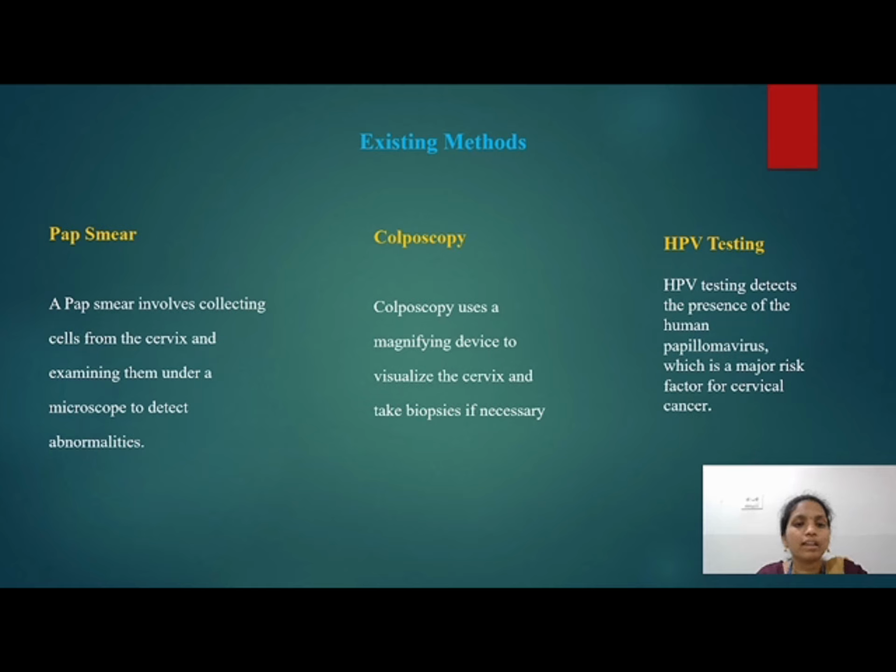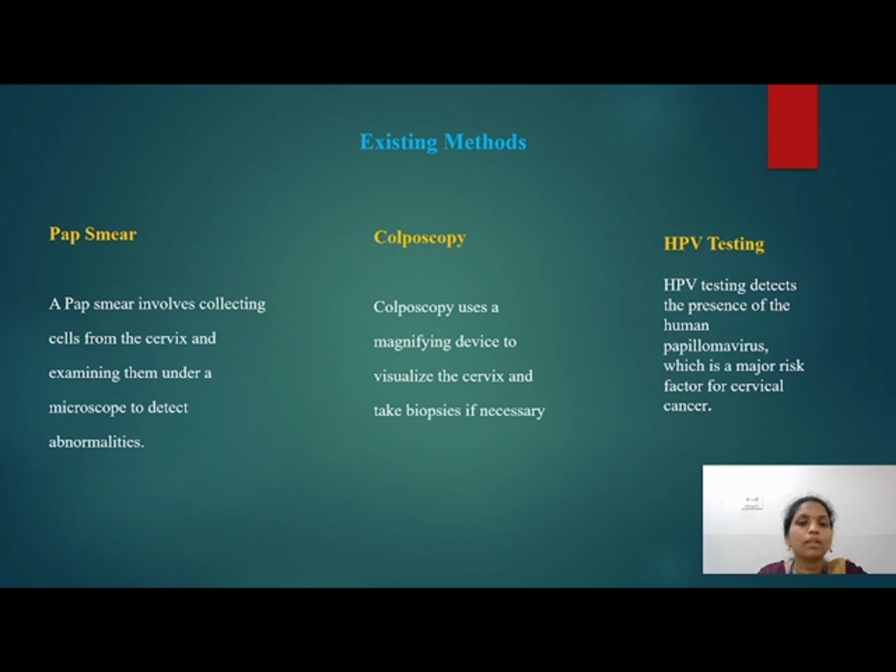Pap smear is inexpensive but may give subjective results and has sampling errors. Colposcopy gives a detailed view but suffers from limited accessibility. HPV testing is highly accurate for HPV detection but limited in predicting disease progression. These limitations motivated us to explore deep learning as a powerful tool for improving detection accuracy and speed.